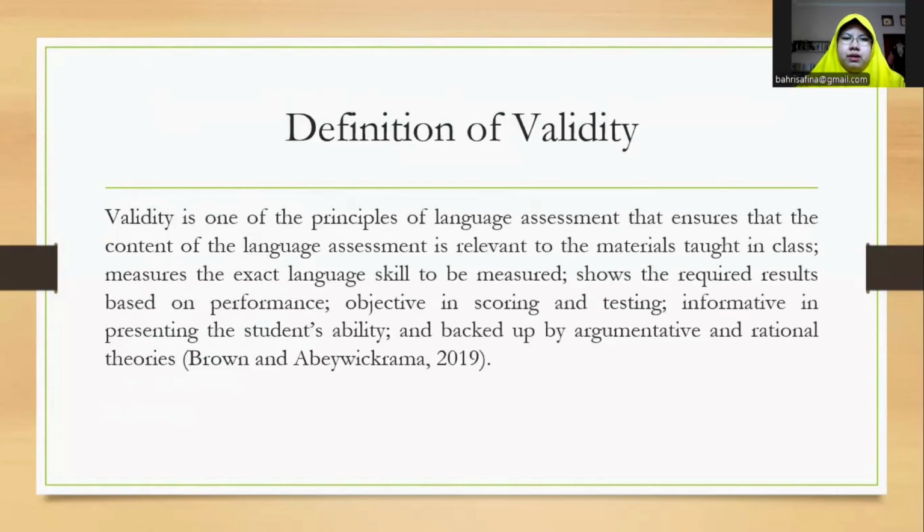What is validity? In the principles of language assessment, validity ensures that the content of the test matches with the materials taught in class and measures what is supposed to be measured by the teacher.